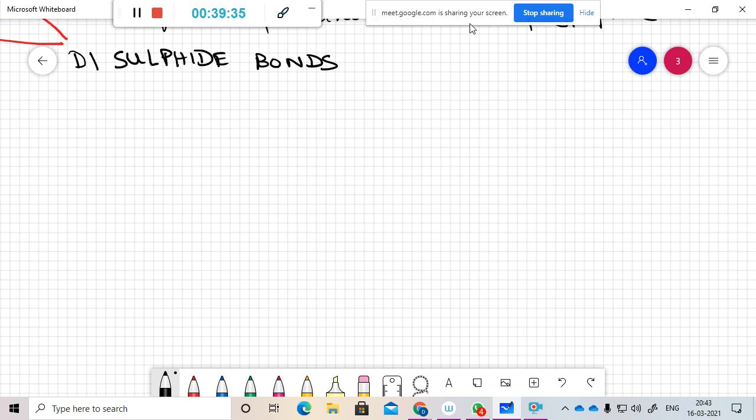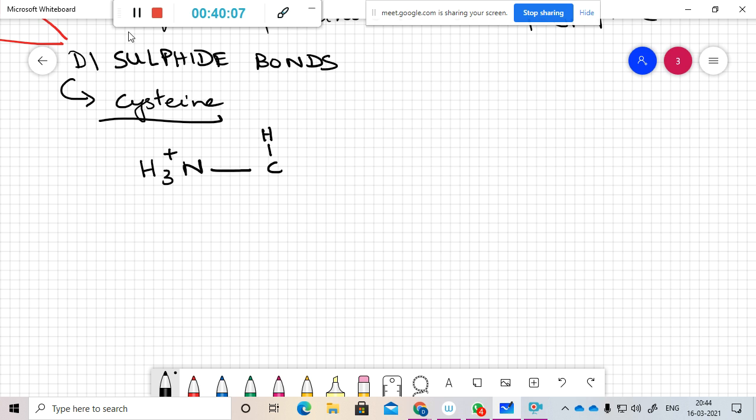So let us see, actually disulfide bonds form where there are cysteine residues. So let us look at a cysteine molecule. We are drawing it a bit differently.